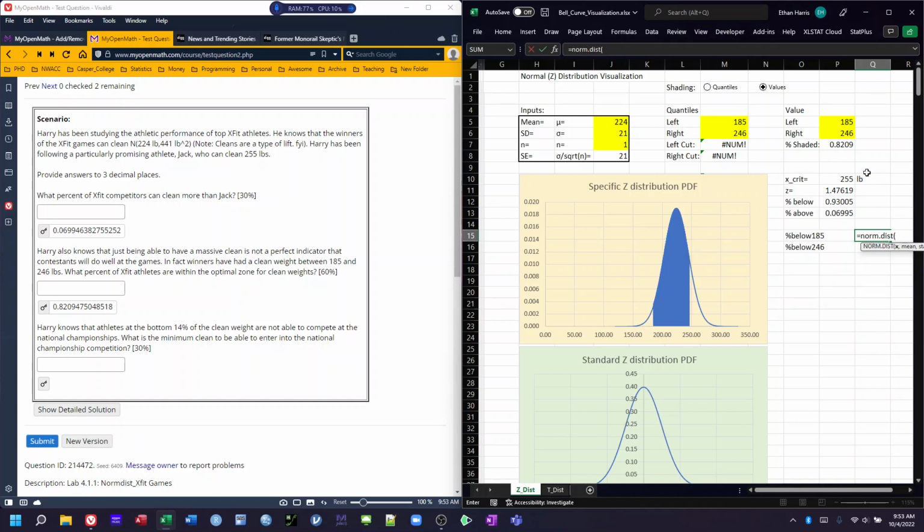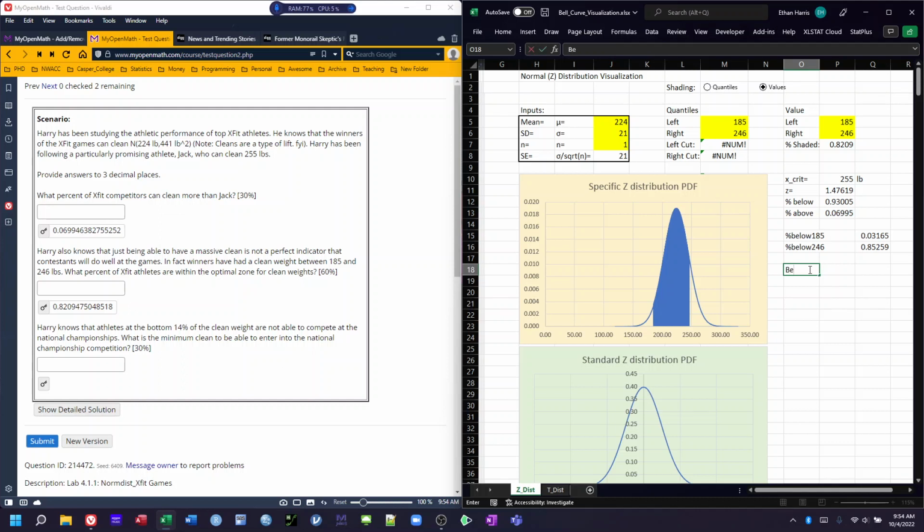Now this time our critical point for below 185 is going to be this 185, comma mean, comma standard deviation, comma true. And then for this one, I'm going to do equals norm.dist. And we have our right critical point. So we've got this right critical point, comma mean, comma standard deviation, comma true. And parenthesis, and I have now this value.